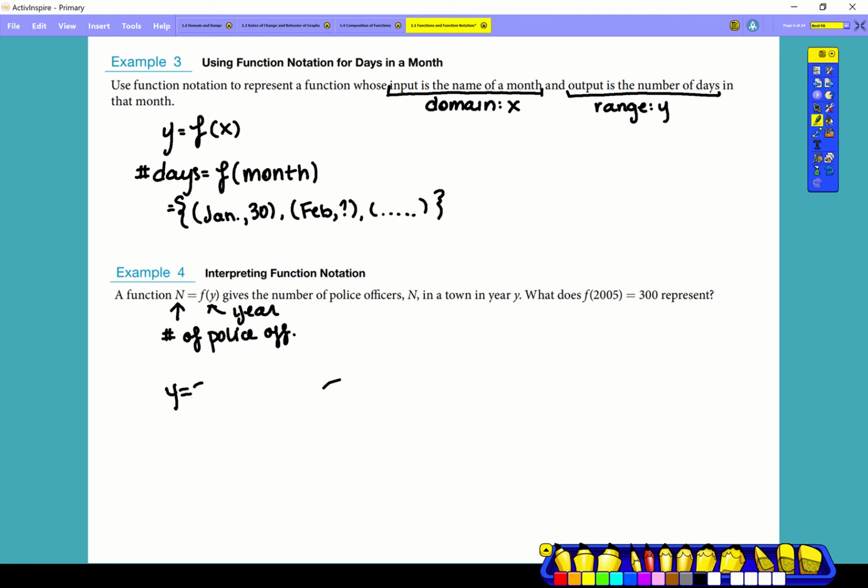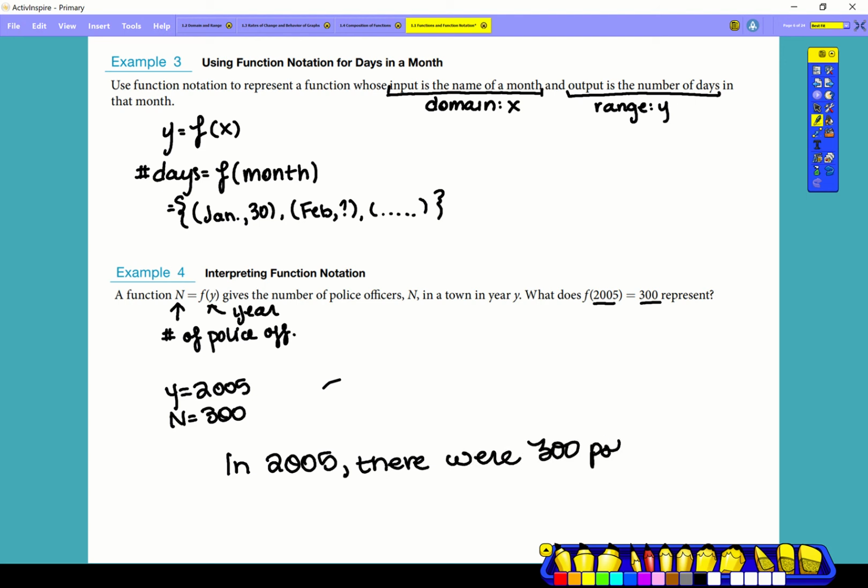So if y equals 2005 and n equals 300, right here and here, then we can say in 2005 there were 300 police officers in the town. And that's what that would mean.